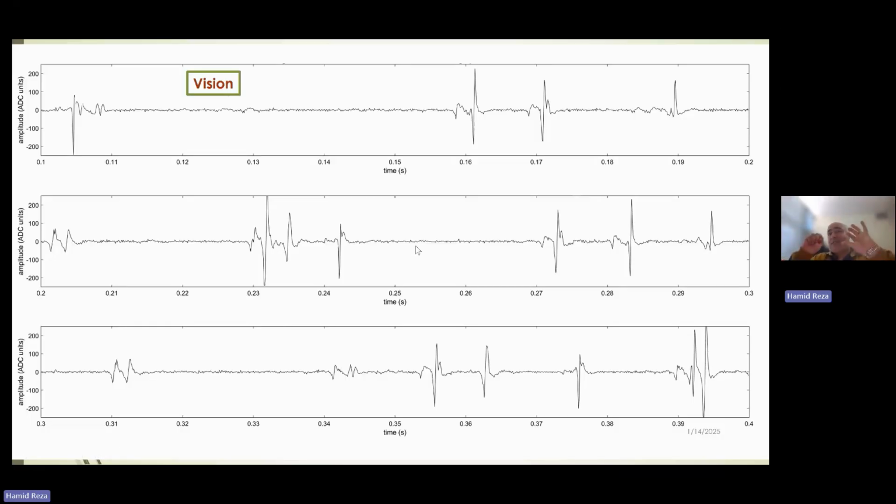So the shape would slightly differ. For example, I see that I have a template here, and then I find another part here, then I find a way to update the shape based on the newer information to be adaptive, you know, to be able to compensate for the electrode movement.